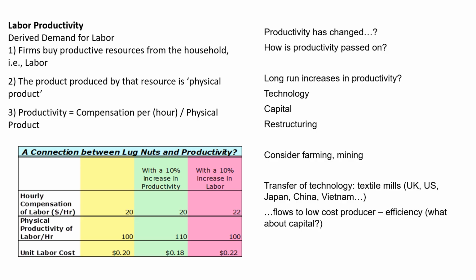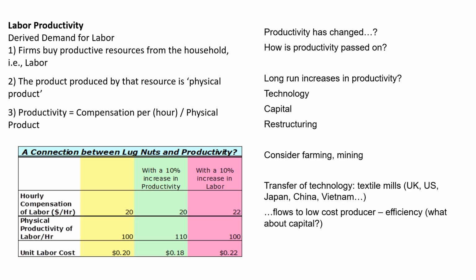Textile mills were started in the United Kingdom, Great Britain, back, I'm guessing, in the 19th century or earlier, maybe even the 18th century, the 1700s. And that technology somehow, some way, stolen probably, was adopted in the U.S. and likewise Japan, China, and Vietnam. That progression so far as textiles are concerned.